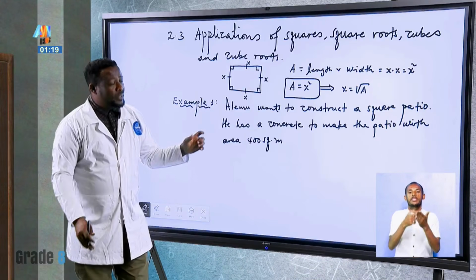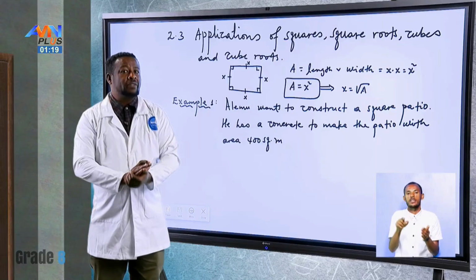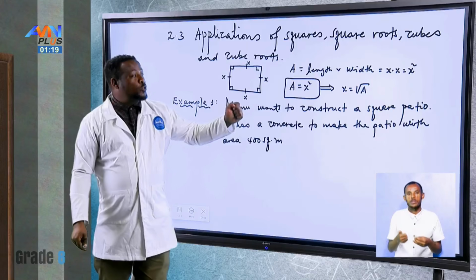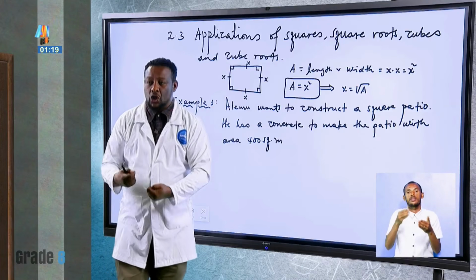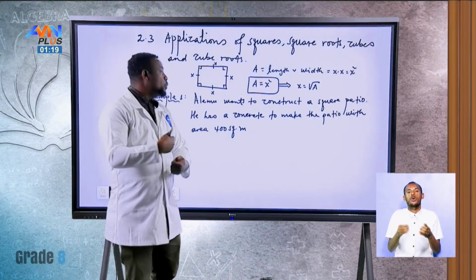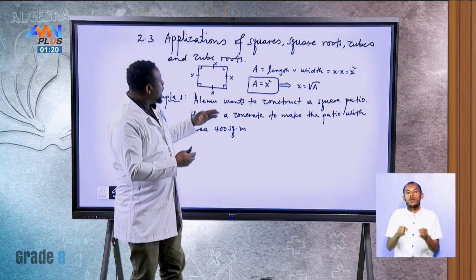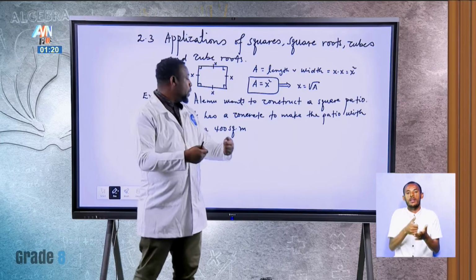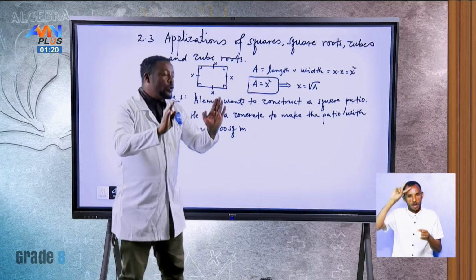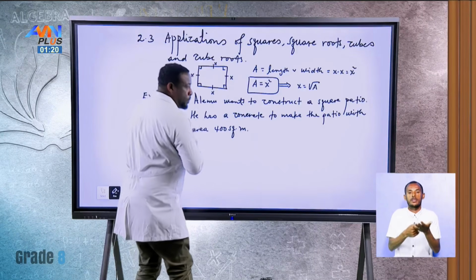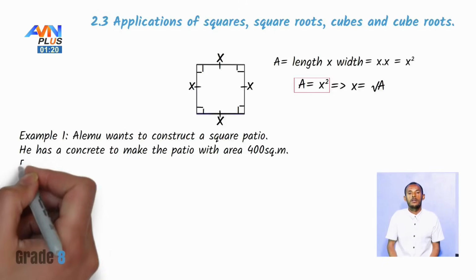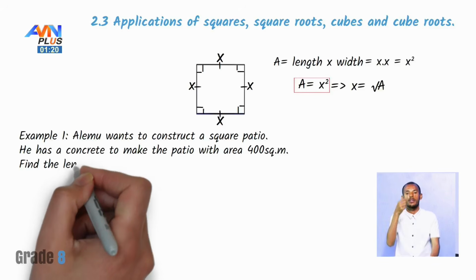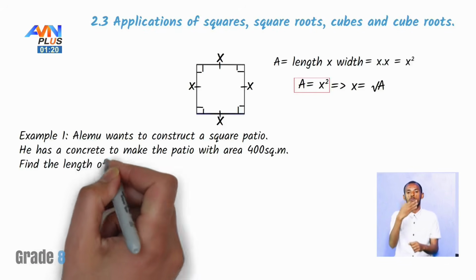In this example, there is a certain real-life scenario which is about Alamu's case. Alamu wants to construct a square patio, and he has also a concrete to make a patio with area 400 square meter. Okay, we have this. So having this, find the length of the patio.